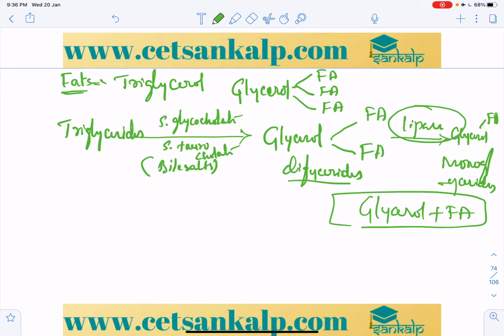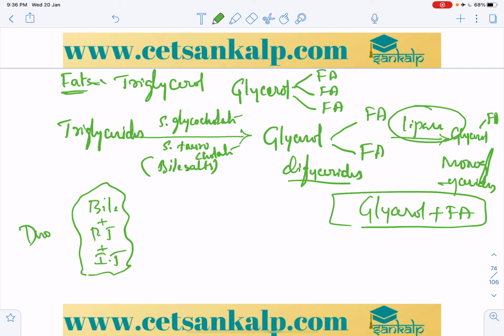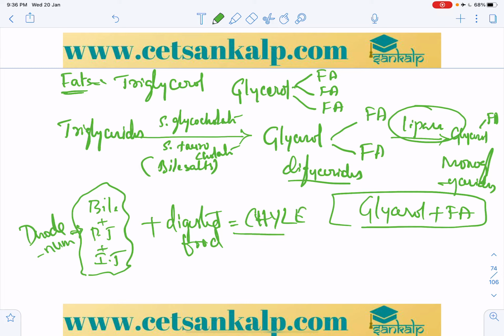Here you should keep in mind that the bile juice which reaches the duodenum, along with the pancreatic juice and intestinal juice, all those things will be there in the duodenum, along with the digested food, which is called chyle. In the stomach, we call it chyme, the gastric juice and acidic food, which is called chyme.